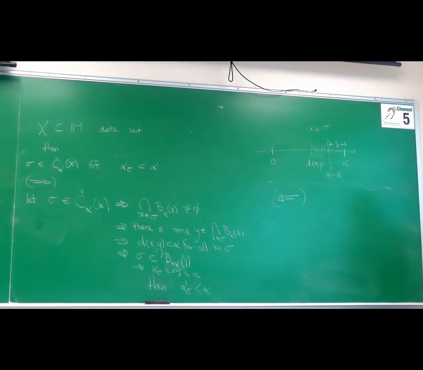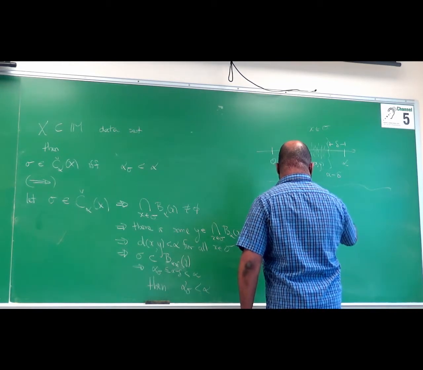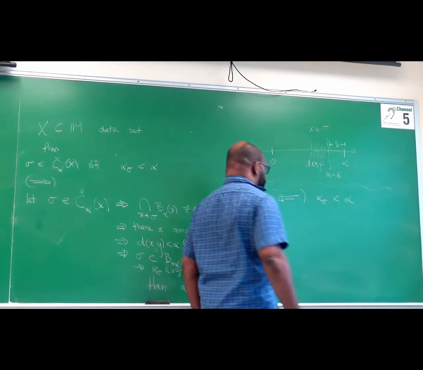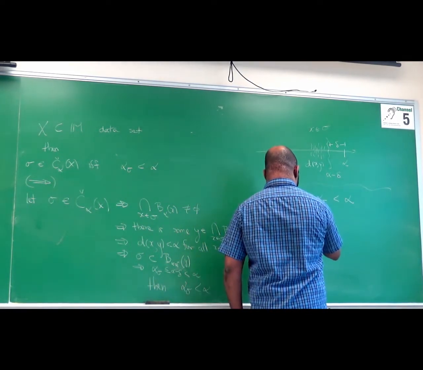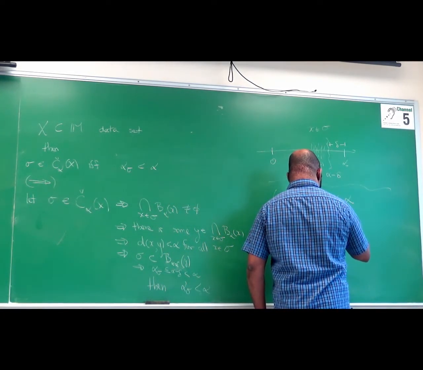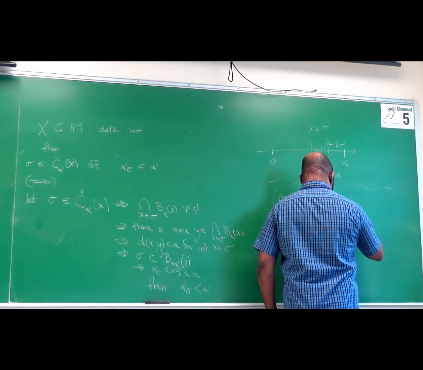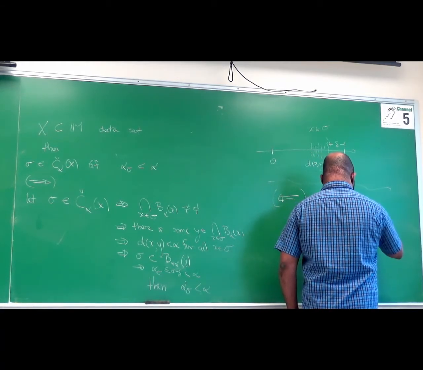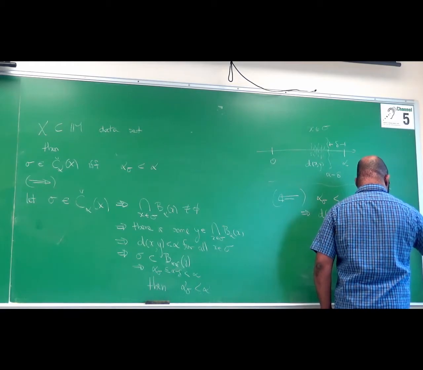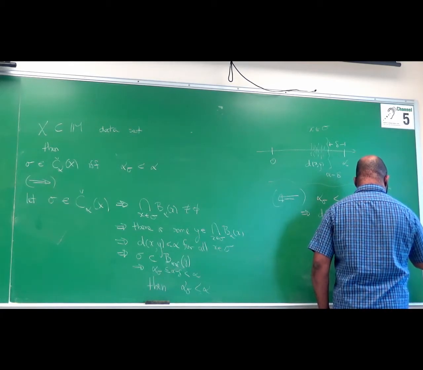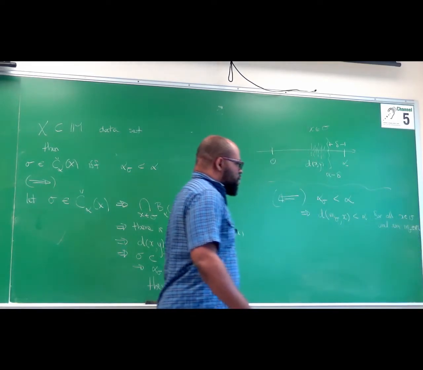So, for the other direction, we just give ourselves the condition that the covering radius is less than alpha. So again, that means that the distance between m sigma and x is less than alpha for all x in sigma and some center m sigma.